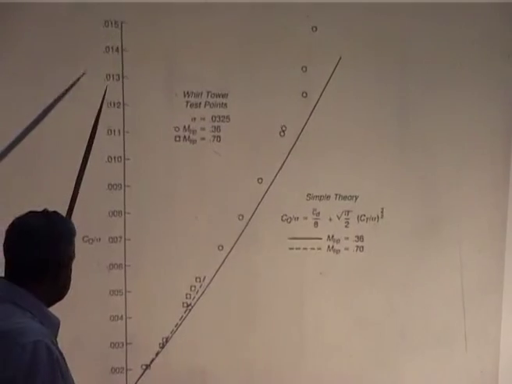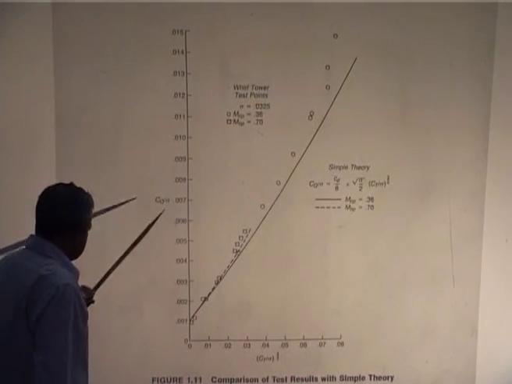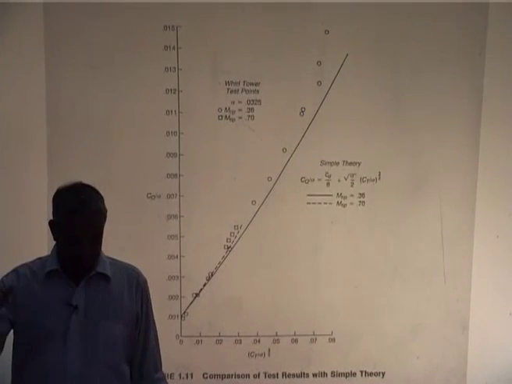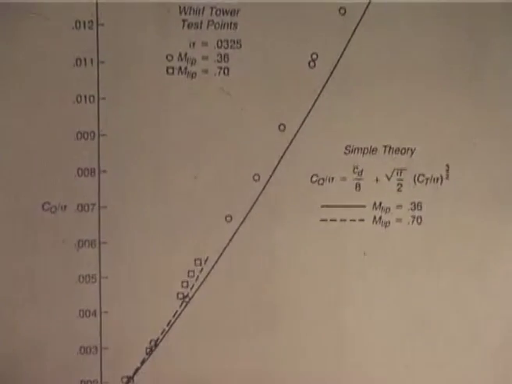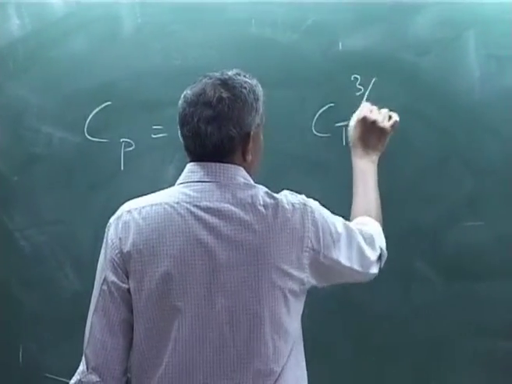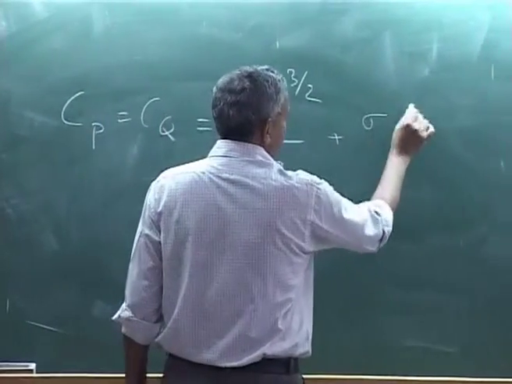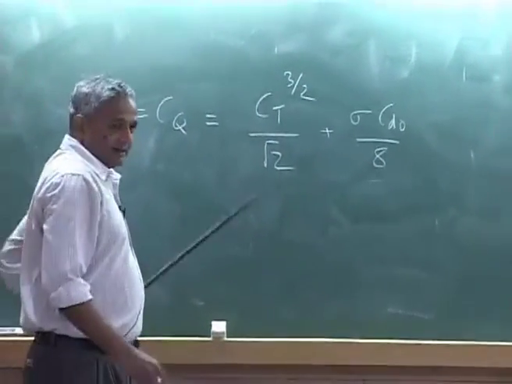Now, since you asked, I will show you one diagram. This is the curve CQ. CQ is CP, the torque coefficient, CQ over sigma. This is CT over sigma power 3 by 2, because that expression, what was that we had? See, you had CP is CQ, which was CT power 3 by 2 over root 2, plus sigma, right. So, you divide by sigma.